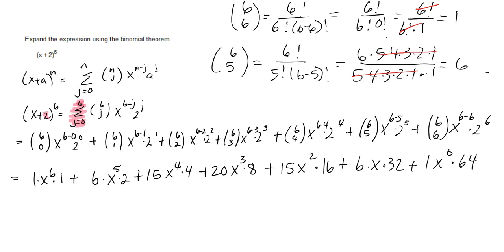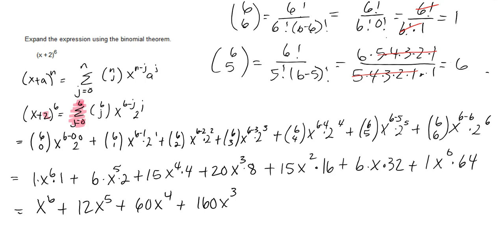So almost there, just a little bit more simplifying to do. So we have 1 times x to the 6 times 1, that's x to the 6. 6 times 2 is 12 times x to the 5th. 15 times 4 is 60, x to the 4th. 20 times 8 is 160, x to the 3rd.